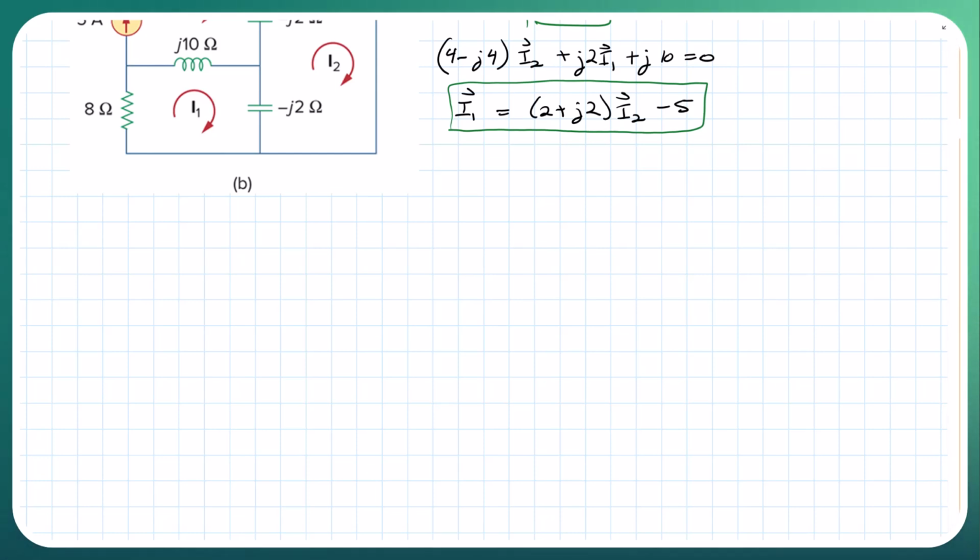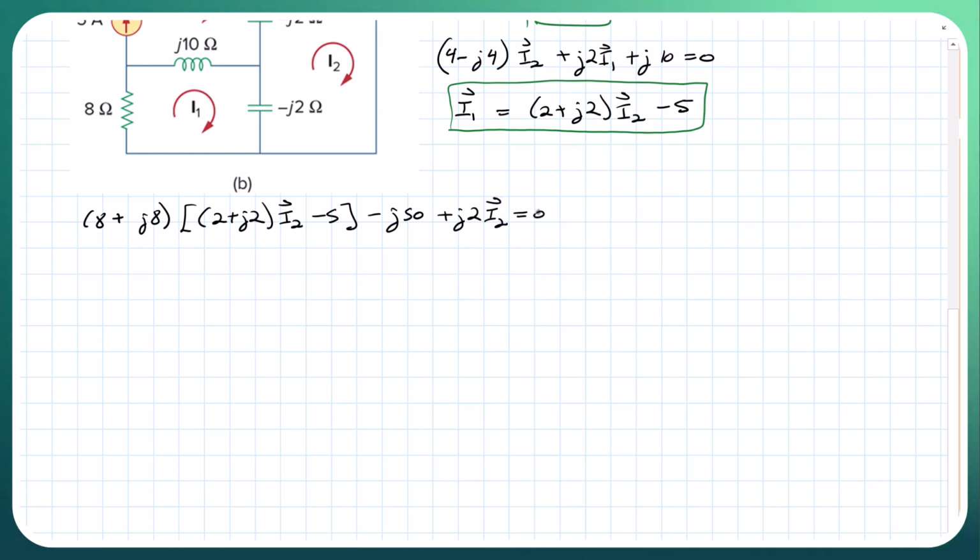Let's scroll up here. I have 8 plus j8 times 2 plus j2 times I2 minus 5, minus j50 plus j2 I2 equals 0, or we can rewrite this as I2 is equal to 90 minus j40 over 34, which equals 2.647 minus j1.176.